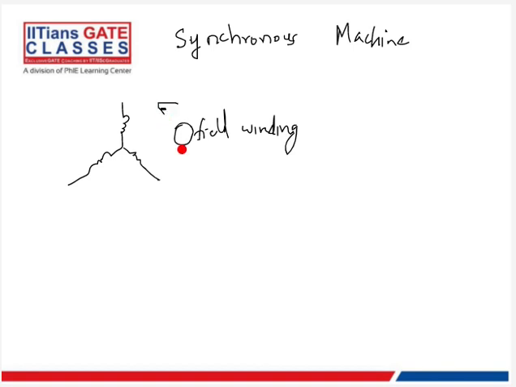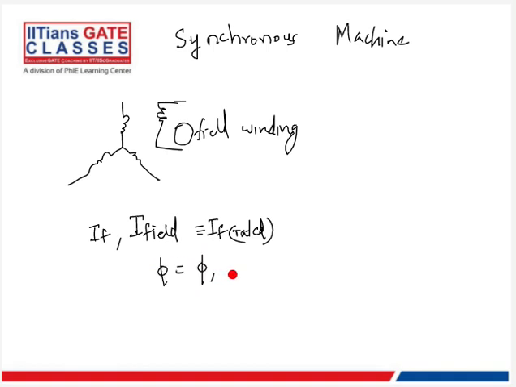Basically a field winding, and so there will be I field, right? If I field is equal to I field rated, then the flux in the system is flux rated, right?